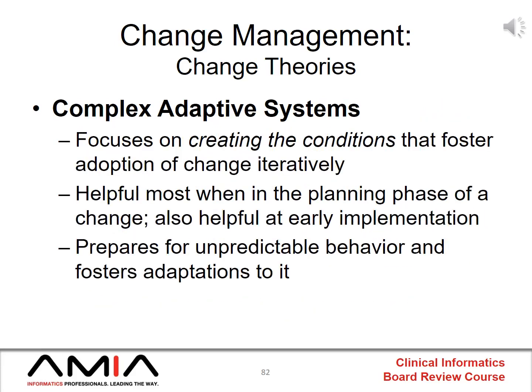Studies in complex adaptive systems really focus on creating the conditions that will foster adoption of change iteratively and in a positive way. Needless to say, the strategies that you would adopt in a complex adaptive system model would be most helpful when you're in the planning phase of a change and also at very early implementation. These systems models prepare for unpredictable behavior and help foster adaptations to that behavior.